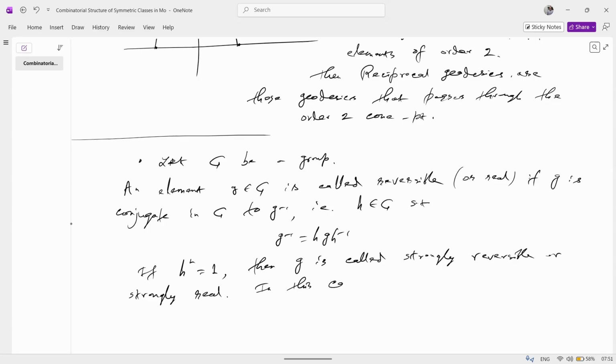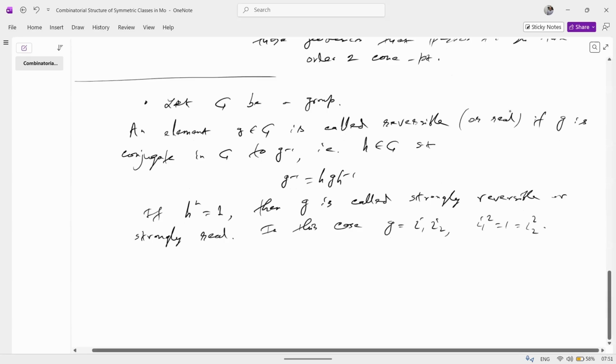In this case, you can write g as a product of two involutions. So this is an if and only if: strongly reversible if and only if it is a product of two involutions.